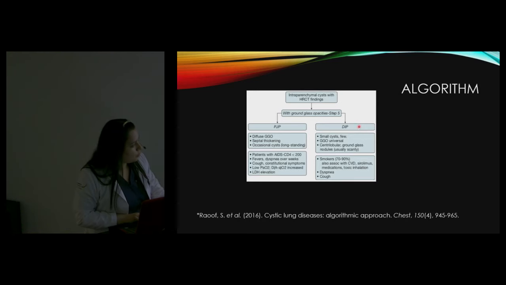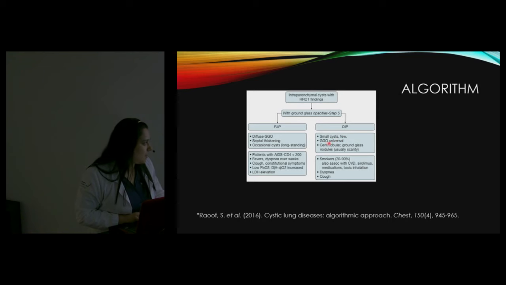This interstitial pneumonia usually presents with small cysts, which are usually few, universal ground glass opacity, centrilobular and ground glass nodules, which are usually scanty, and it's more common in older patients, mainly smokers, which associate with cardiovascular disease, use of sirolimus, or also toxic inhalation. And patients present with dyspnea and cough.